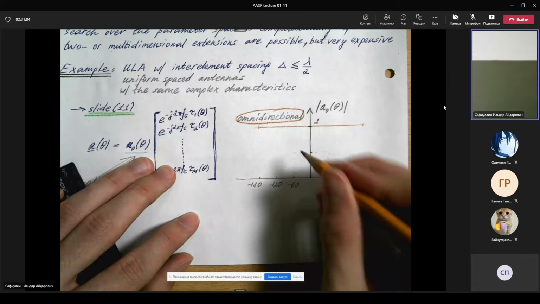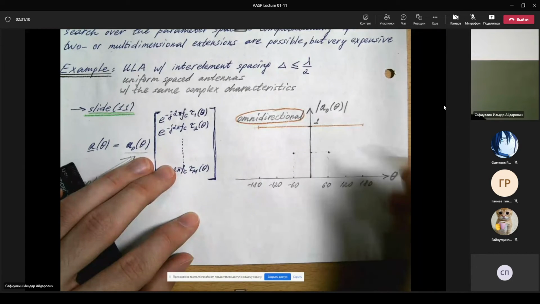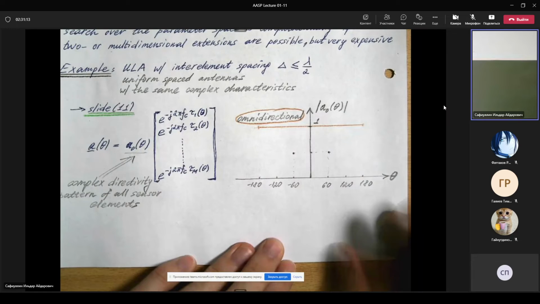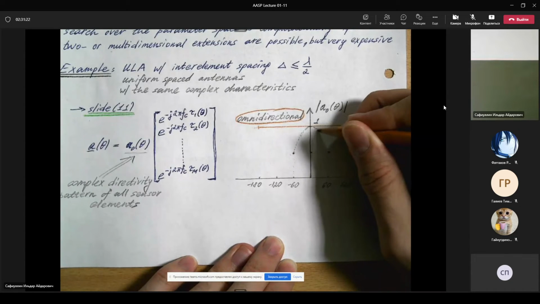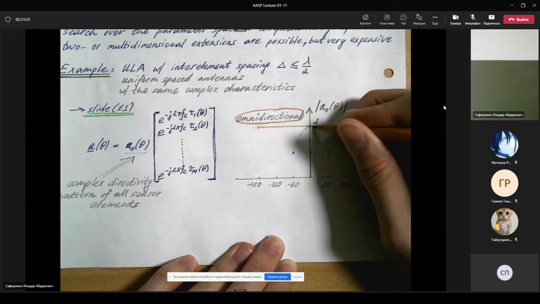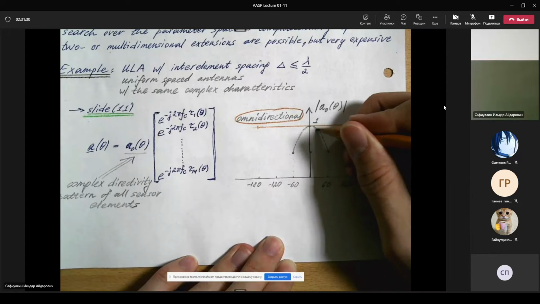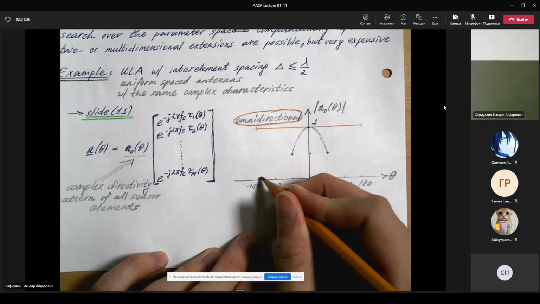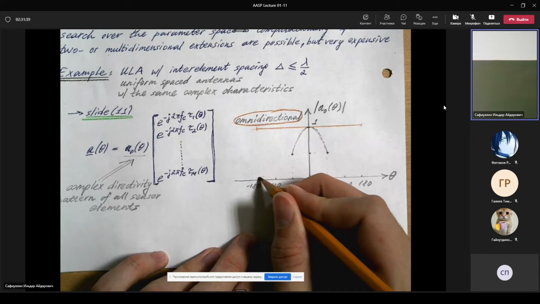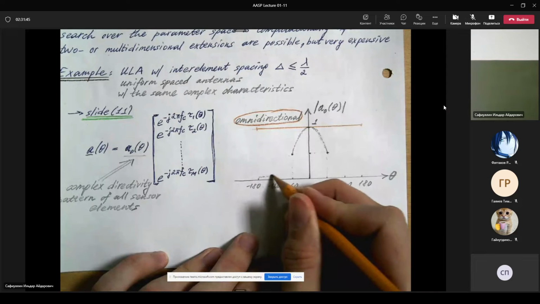Between minus 60 and 60, we have 0.5, something like this one, and something like this one. And for the rest of the values, this complex pattern goes down.